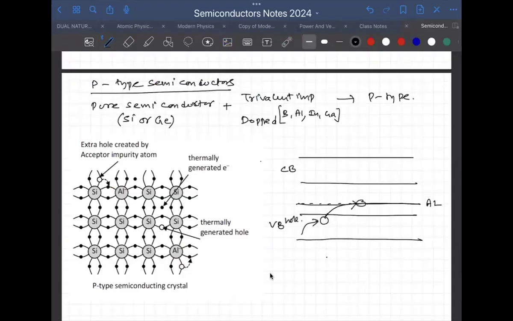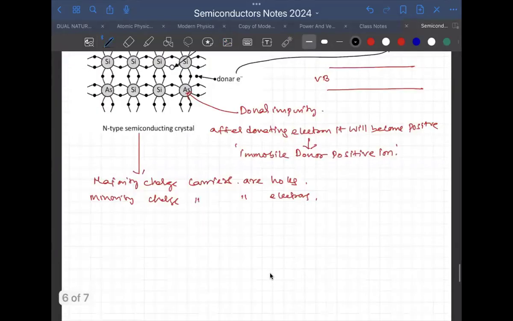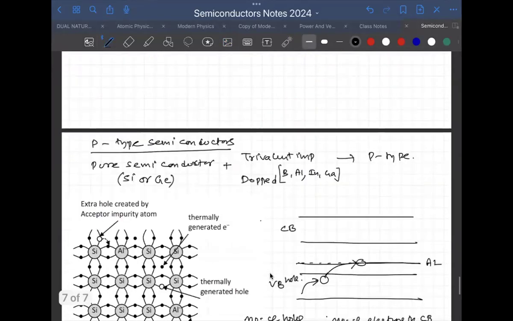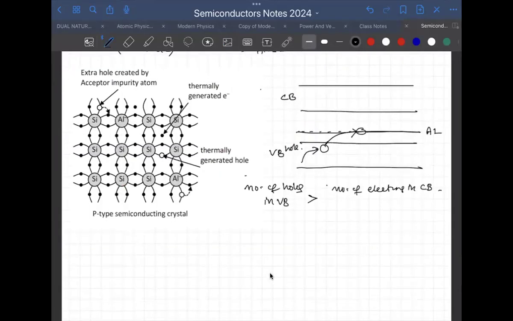Now, what is the problem? The number of holes in the valency band is greater than the number of electrons in the conduction band. So that is what is happening. And remember, after accepting, this impurity is called an acceptor impurity.